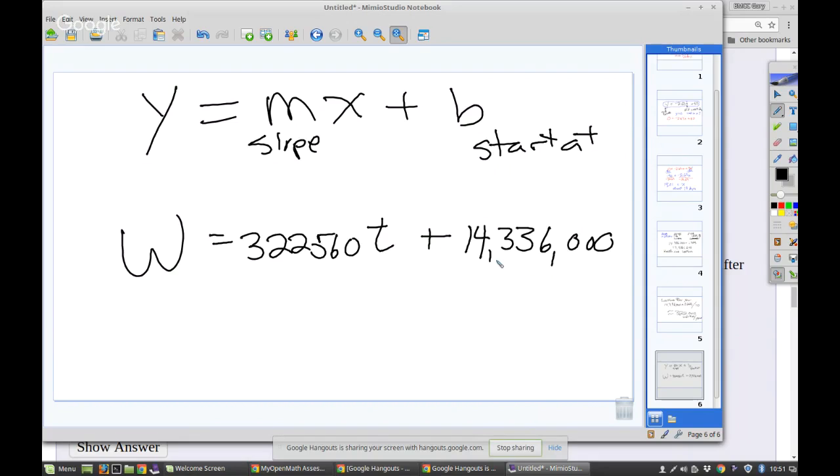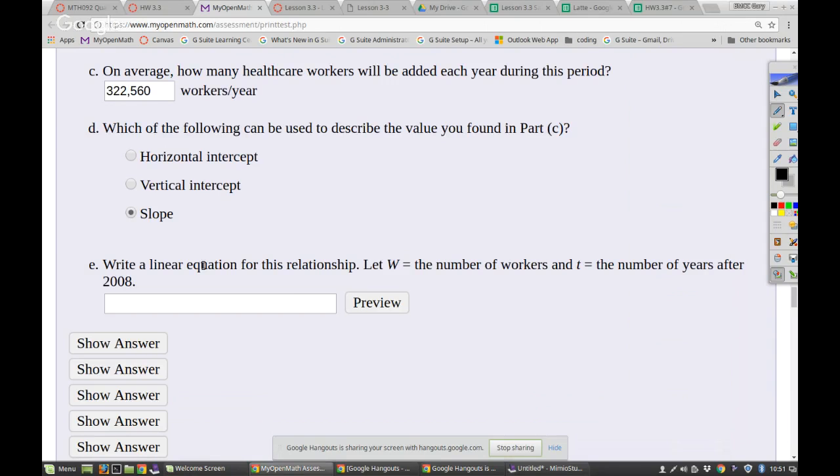So let's read the problem again, make sure that makes sense. We're going back to that problem. Write a linear relationship. Okay, that's the Y equals mx plus b kind of thing. But here they say let W be the number of workers. Does it say number of workers or number of workers in thousands? It just says number of workers, right? So we were right in making it 14 million, not 14, what looked like 14,000.